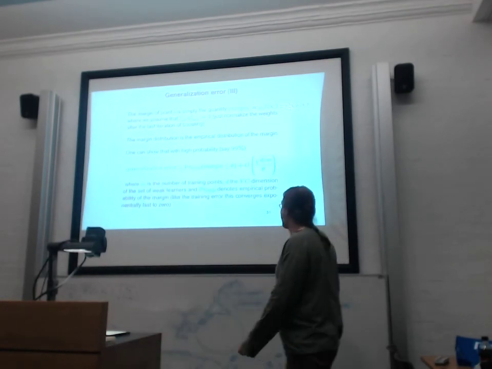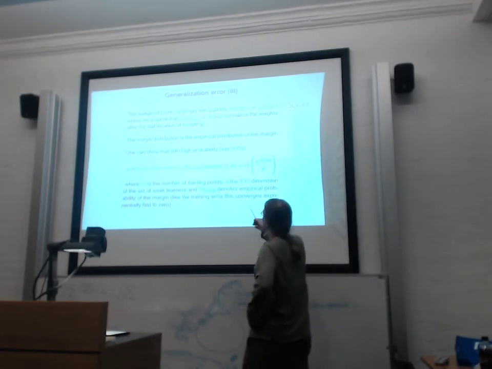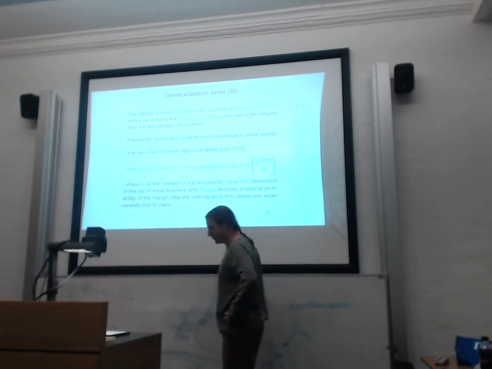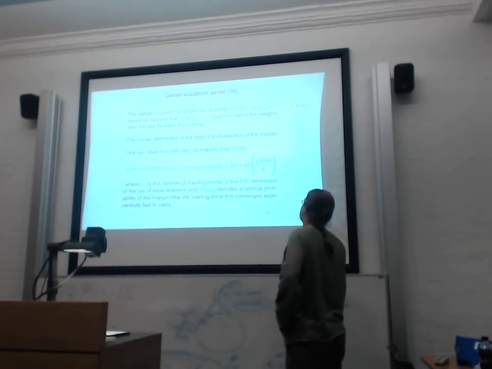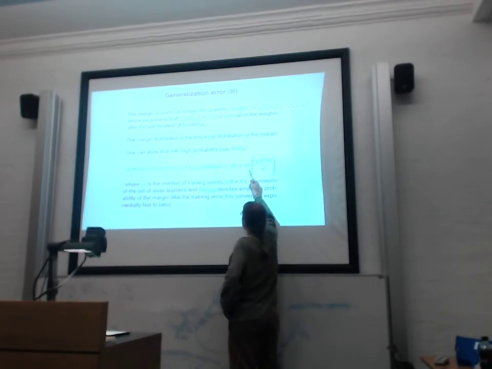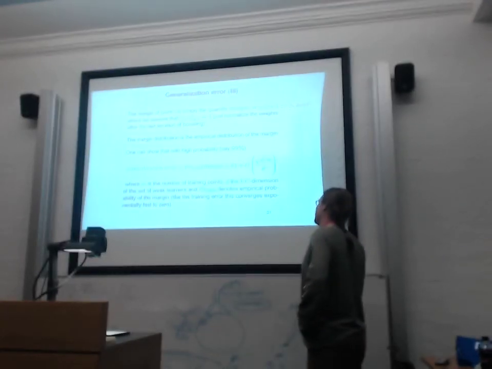What is this term? So first, before we get to this term, if you've trained your data so that you fit perfectly, this first term will go to 0. This term is some measure of the complexity of our set of weak learners.